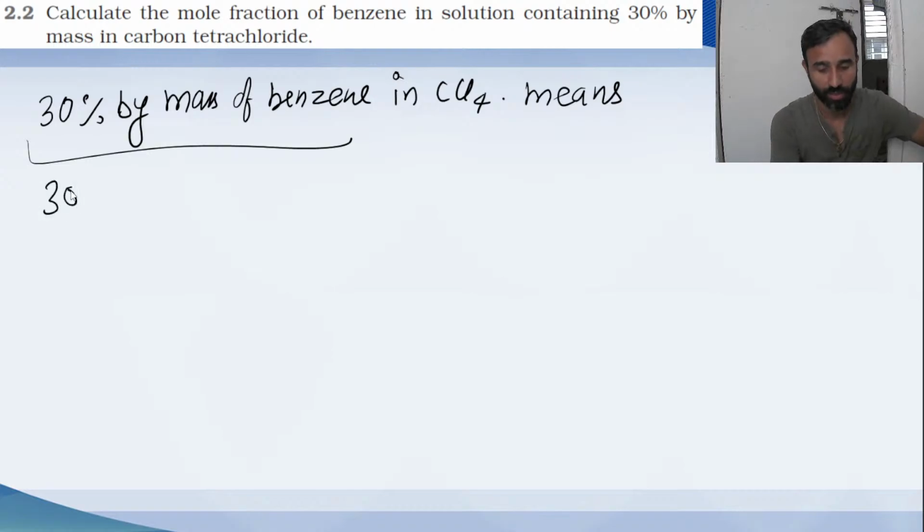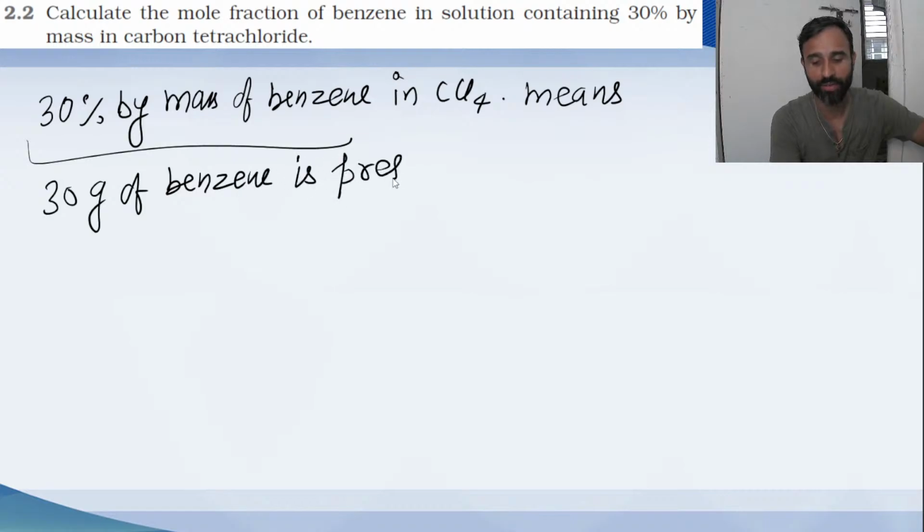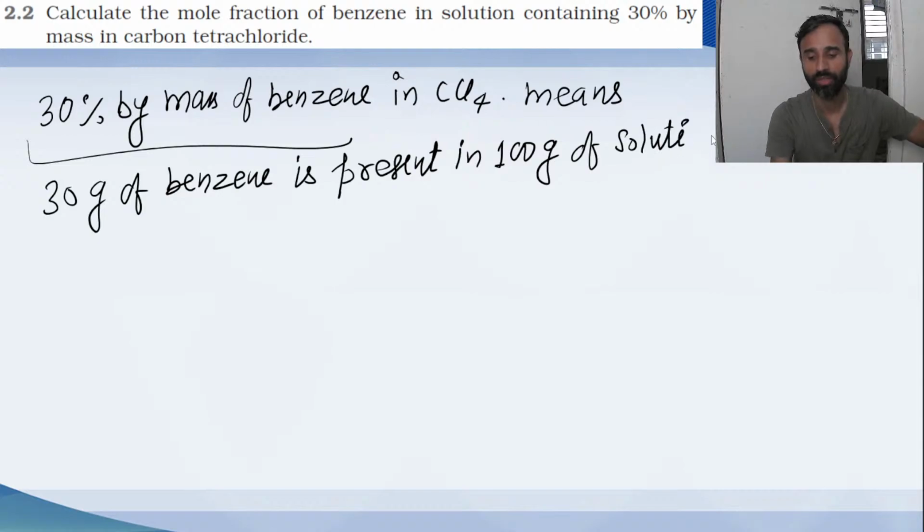It means 30 gram of benzene is present in 100 gram of solution. Right?